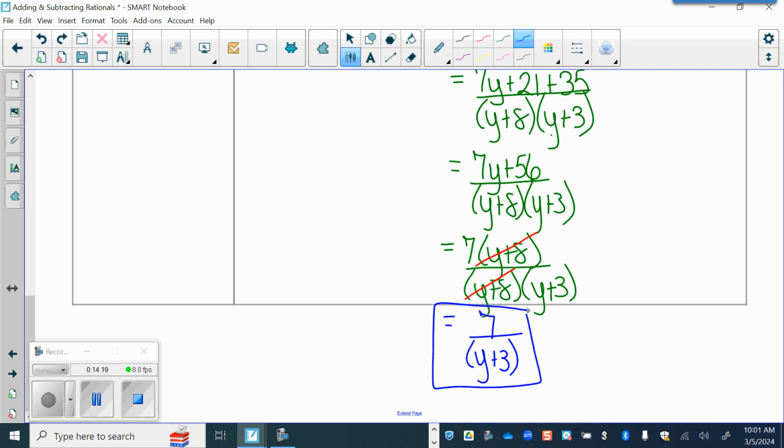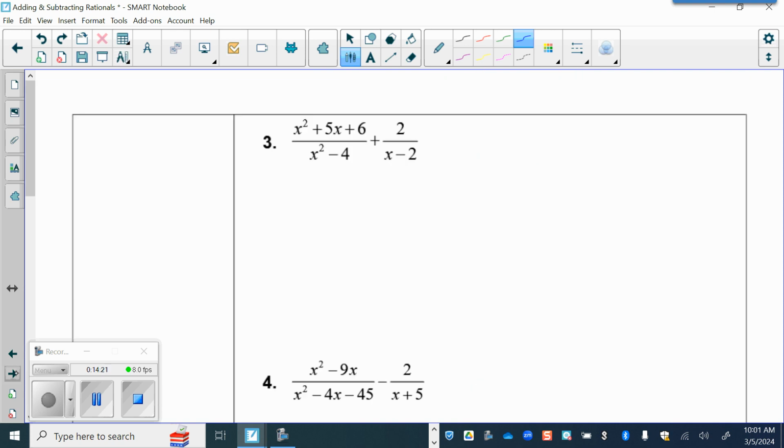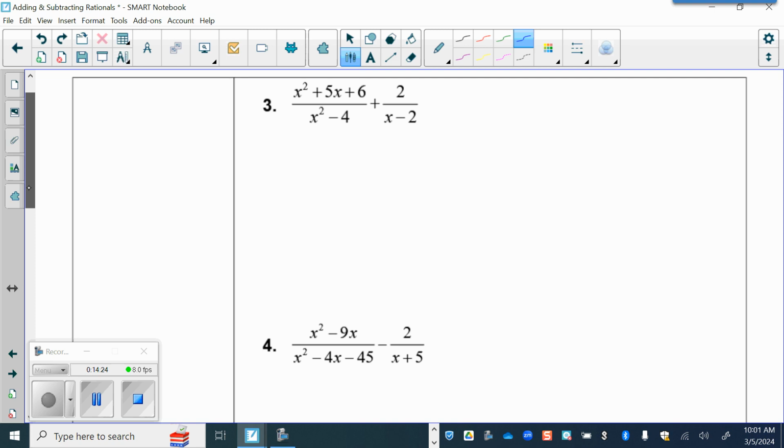Let's look at the next one. All righty. I do not have a least common denominator. I can factor this denominator. This denominator will factor to x plus 2, x minus 2. As I'm looking, the second fraction is missing the x plus 2.